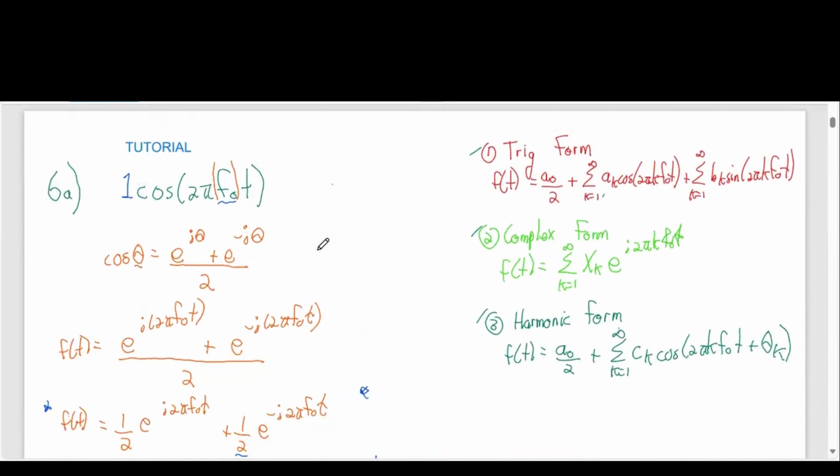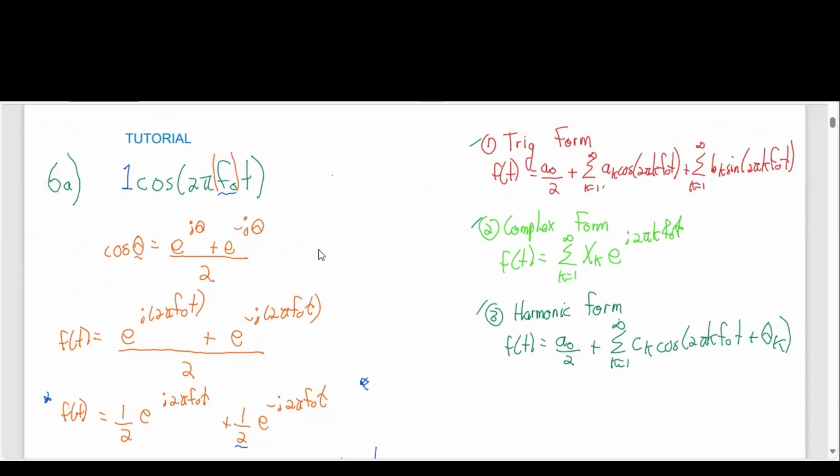Things to remember from this: make sure you know your true forms. Anytime you see something expressing cos and sine, make sure the factor is 2 pi, and it is already in a trigonometric form. To convert it to the exponential form, you have to convert the cos's, and if they had sines, you will have to convert the sines.